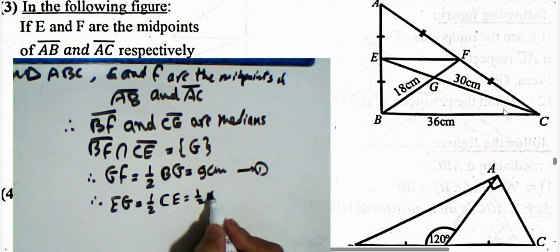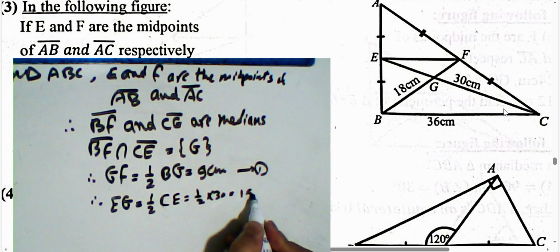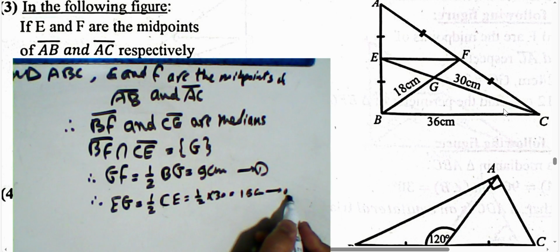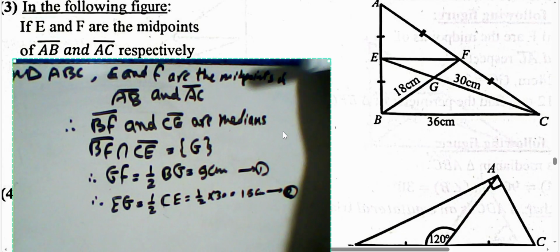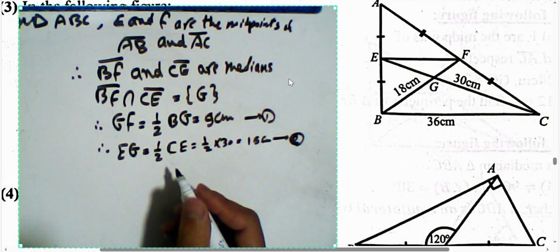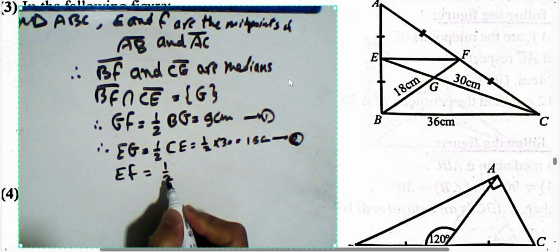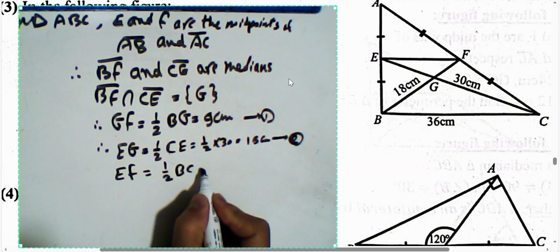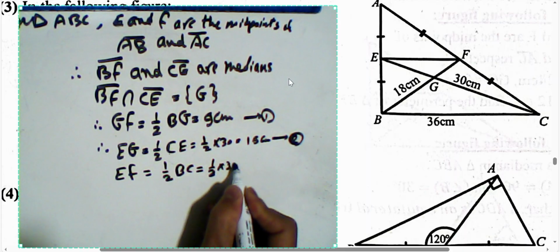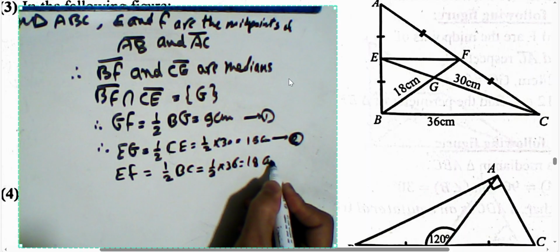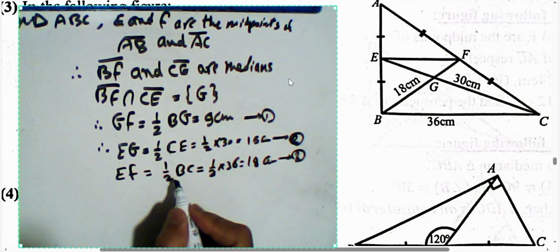Half of 30 equals 15 centimeters, relation number 2. Now we can find the mid segment. EF will be the mid segment. It will be half the opposite line segment BC. Half of 36 equals 18 centimeters, relation number 3.